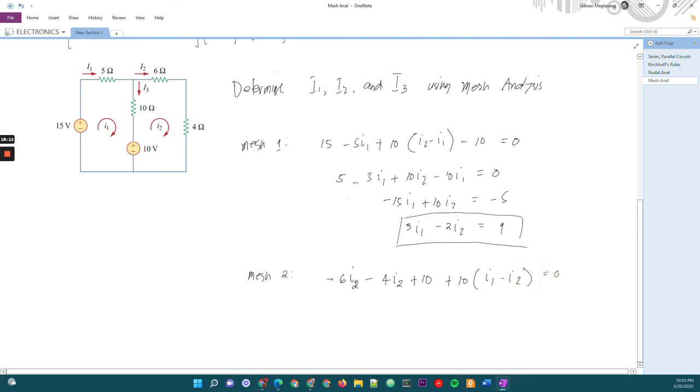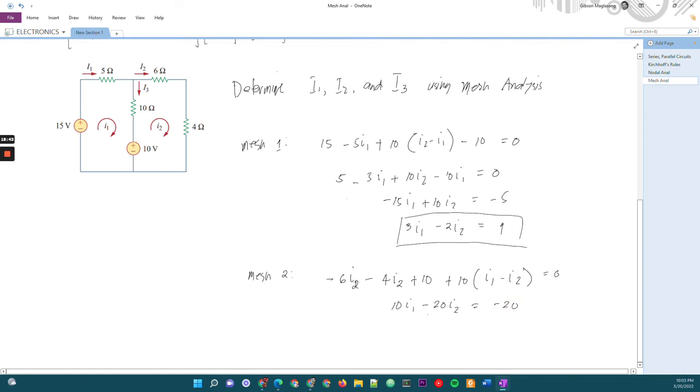equals 0. Okay, so simplifying this, so we have 6 minus 4 I2, we have negative 10 I2 plus negative 10 I2, so we have negative 20 I2, so 10 I1 minus 20 I2, okay, this is equal to negative 20.